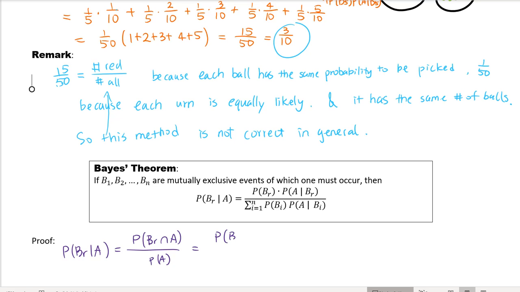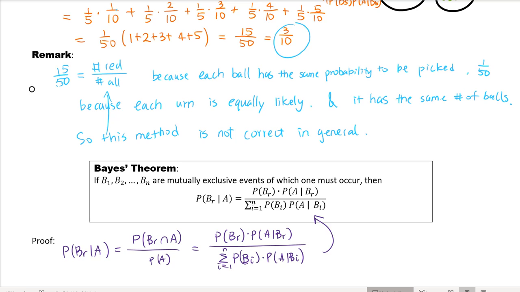We can do Br first, and then P of A given Br. And the denominator, we can use the potato rule, right? The rule of total probability. So that is the sum over i from 1 to n of P of Bi times P of A given Bi. Okay, so that's why we get this formula. And this is the proof.